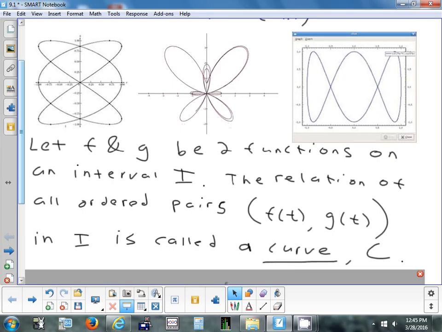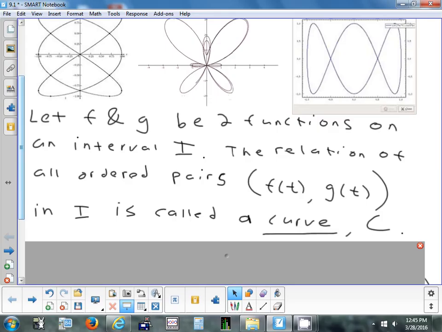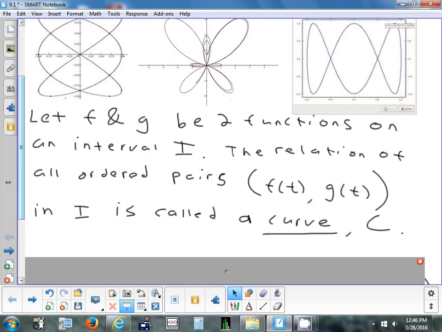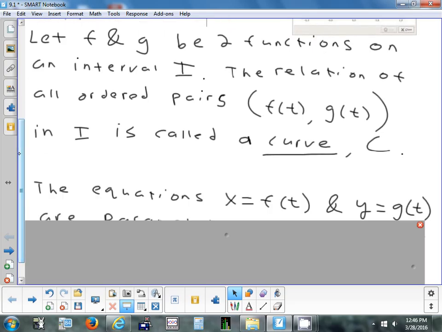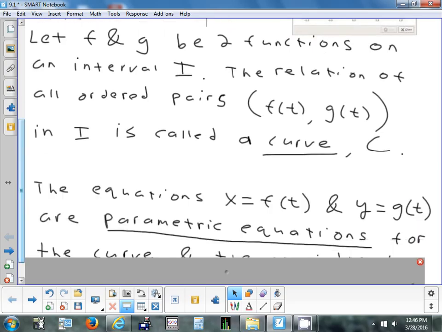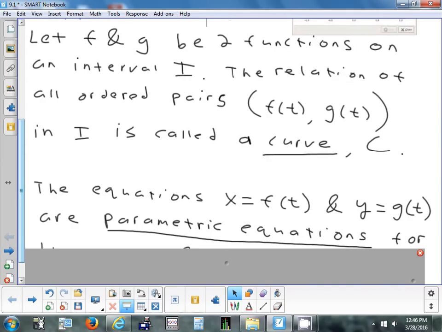Now, don't think that the word curve means it really always has to be curved. If we have a line segment between 2 points, that's a parametric curve. So it's not, strictly speaking, something that's arced or anything like that. Right?